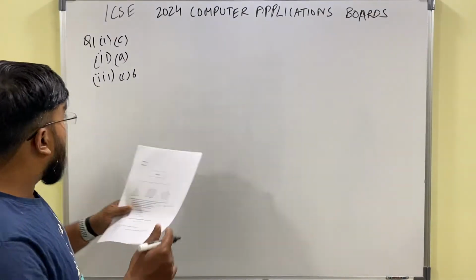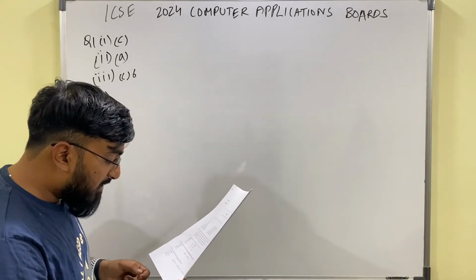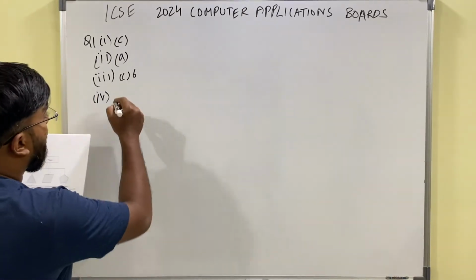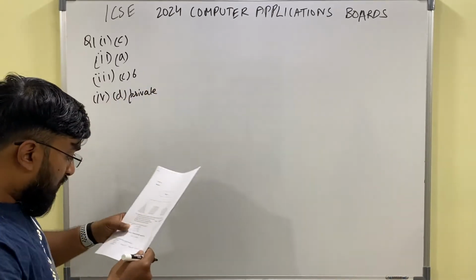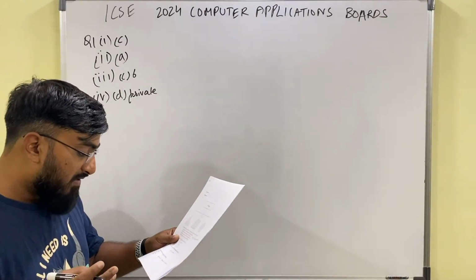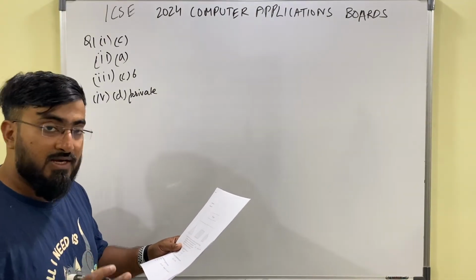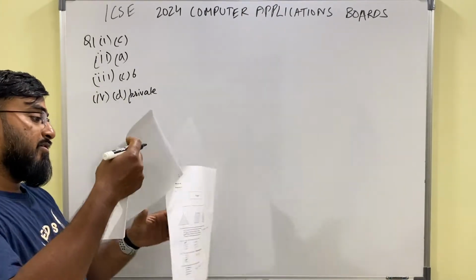Then part 4 is the access modifier. The access specifier that gives the least accessibility is B, private. The order of access modifiers is private is the least accessible, then protected, and then public. Moving on to part 5.